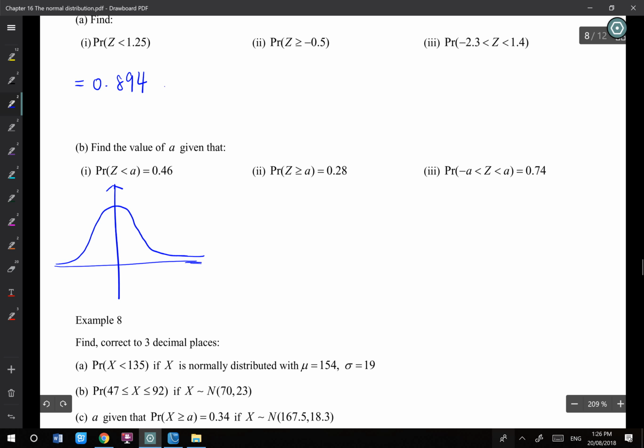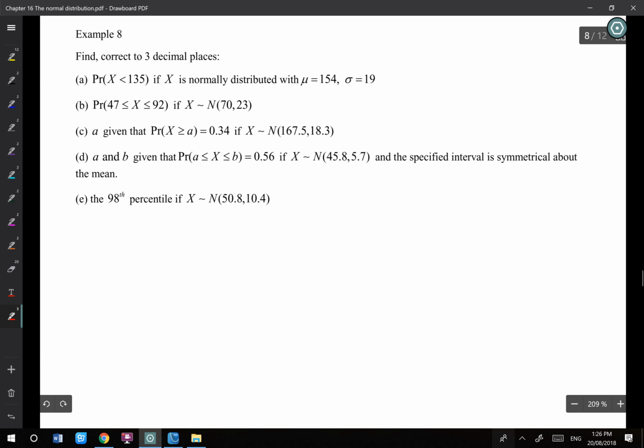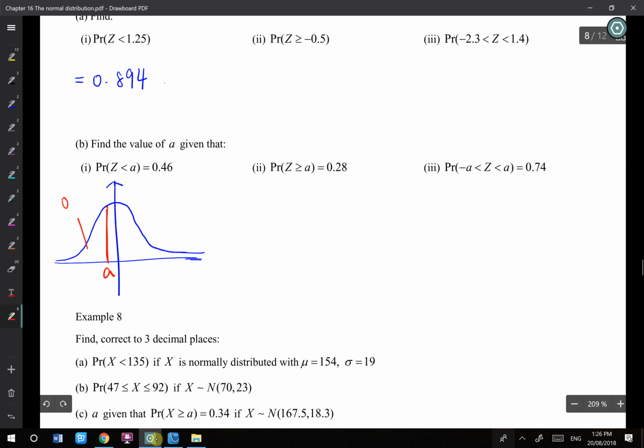All I know is it's a standardized normal distribution, and less than A, this is A, somewhere here, gives me 0.46. Which means on the left hand side of my A is 0.46. I should be able to work out what's this A, right? Negative infinity to A should give me the area 0.46.